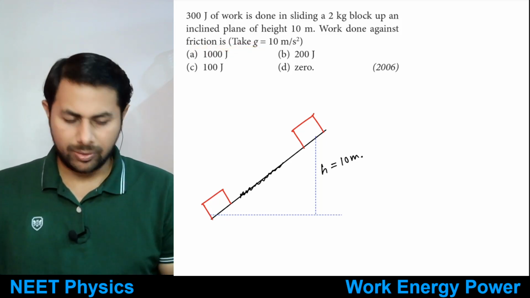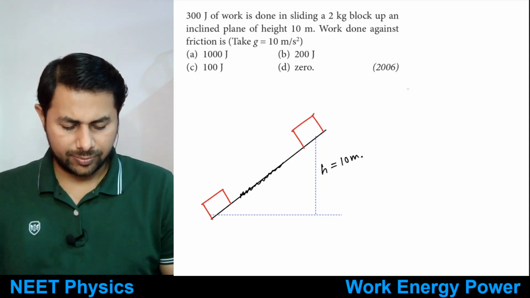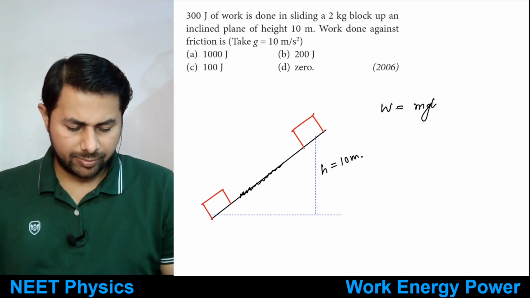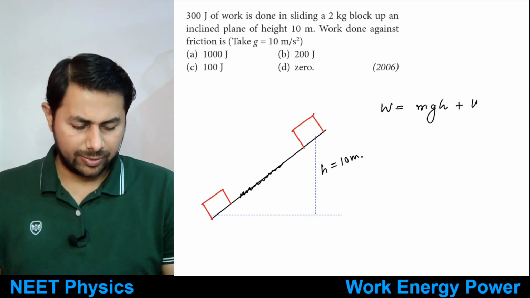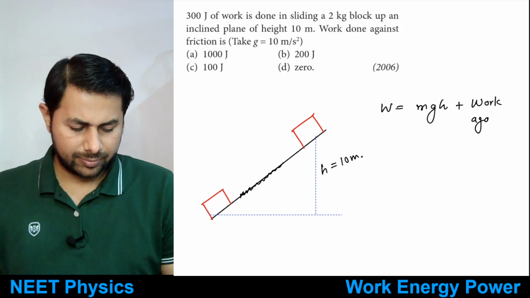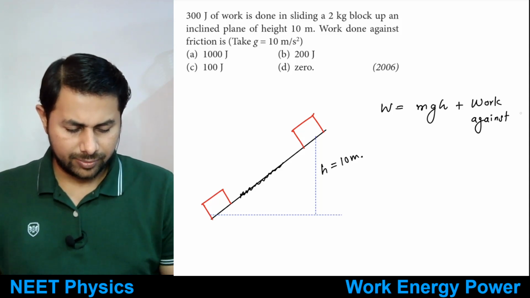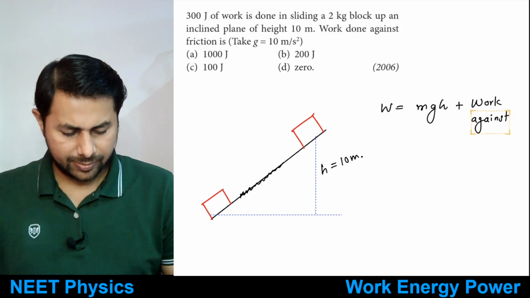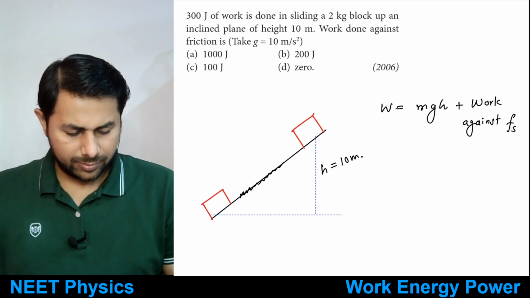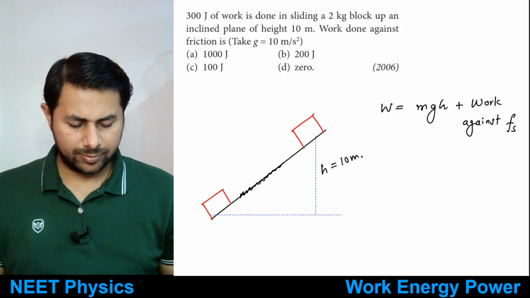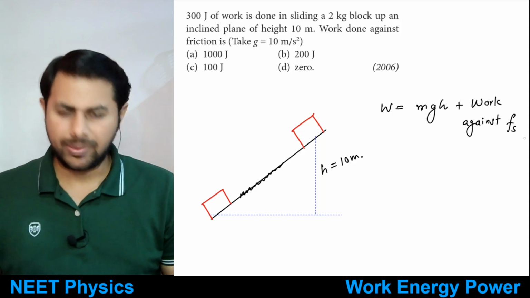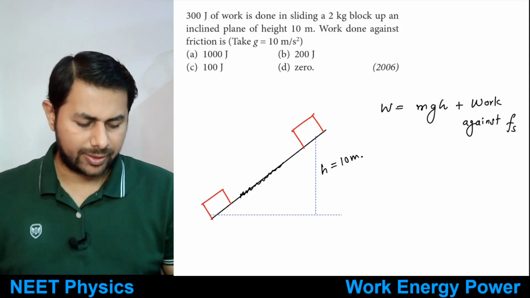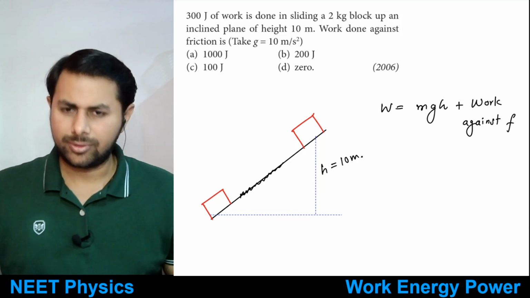So now total work done, work is equal to mgh, because that block has gained some potential energy, plus work done against the friction. Actually when you are moving it will be kinetic friction, but let's say it is friction, small f.